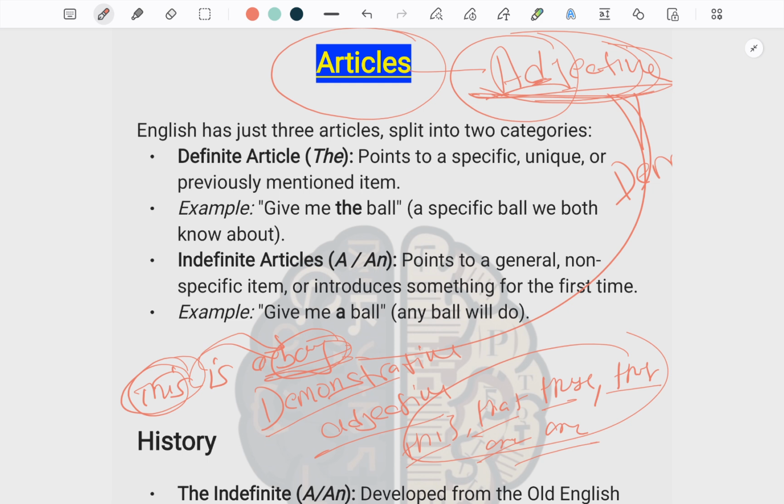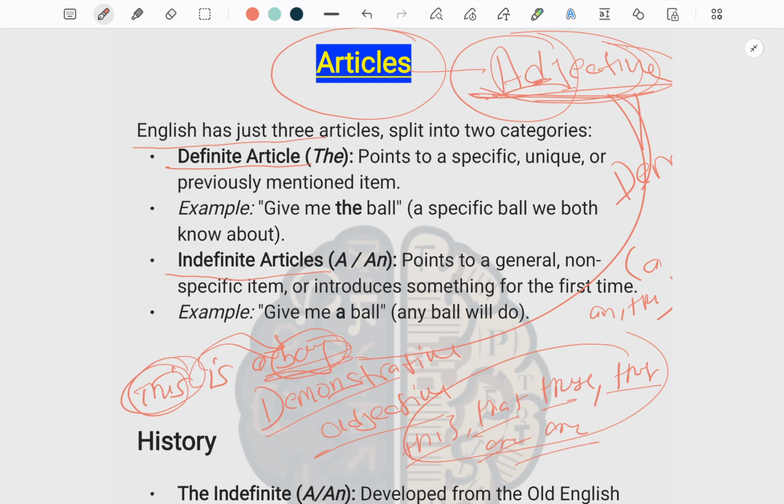English has just three articles, which are a, an, and the, which are split into two categories. The first one is known as the definite article, which is the, and another one is known as the indefinite article.